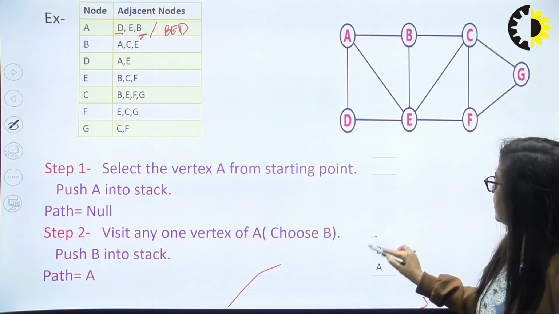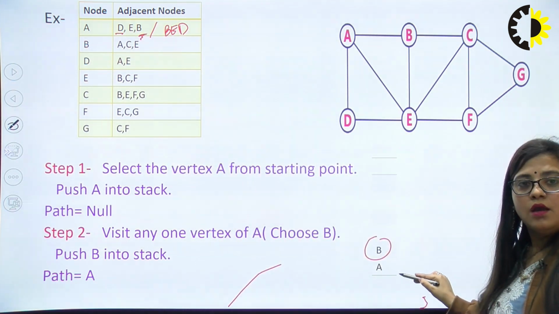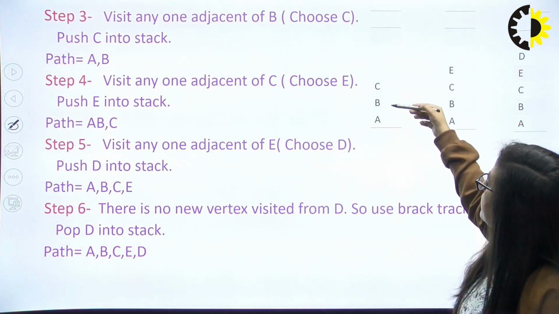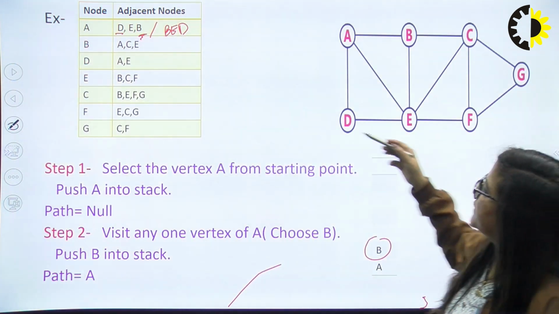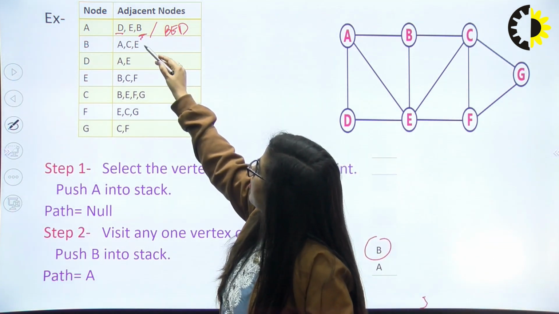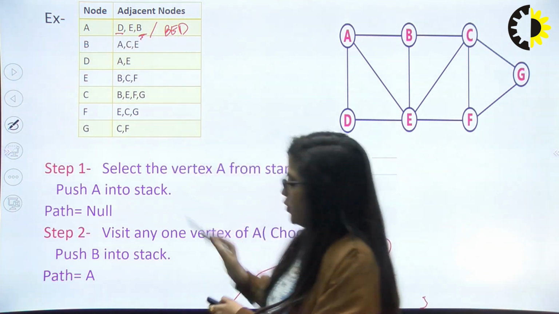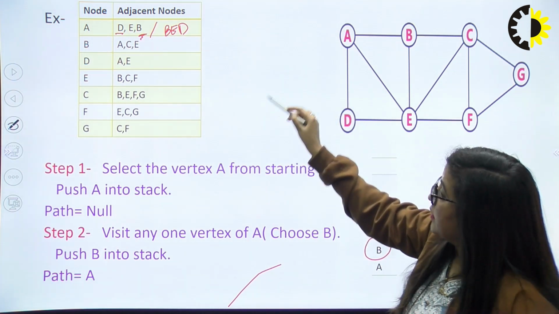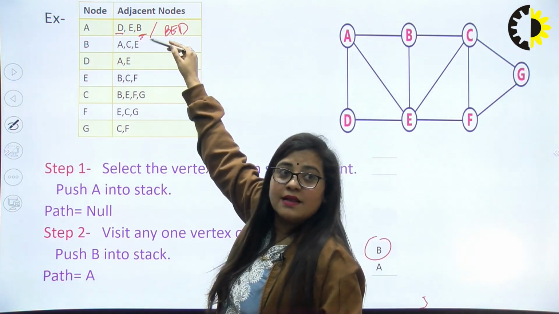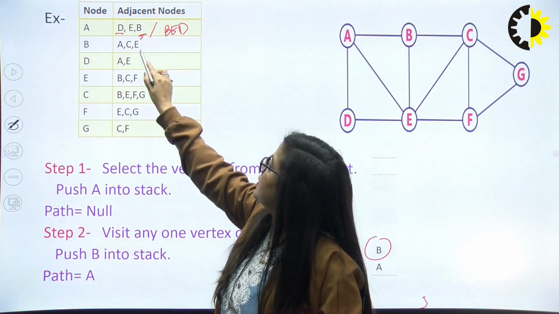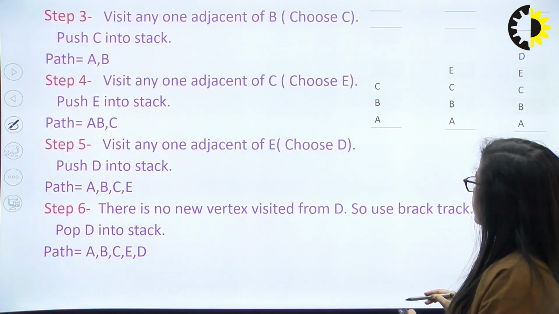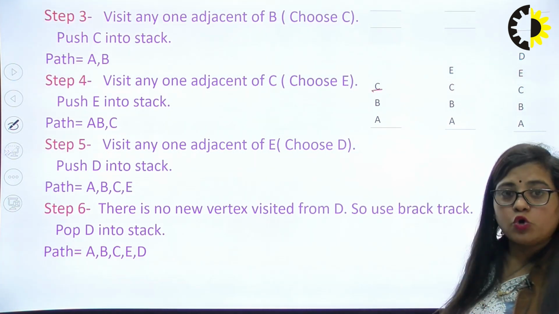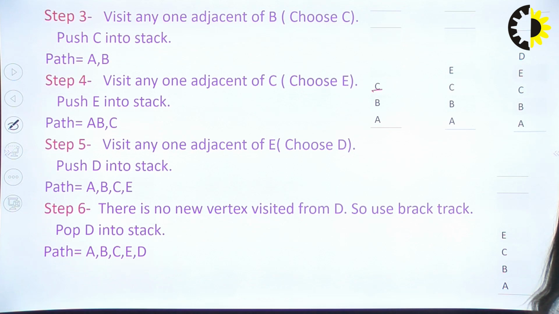So B is inserted in the stack and we move on. Now check the adjacency again. The adjacency is E. But when you insert B, you also include the adjacency of B, so that is C and E. So the next one is C. Like this, the top of the stack moves first.